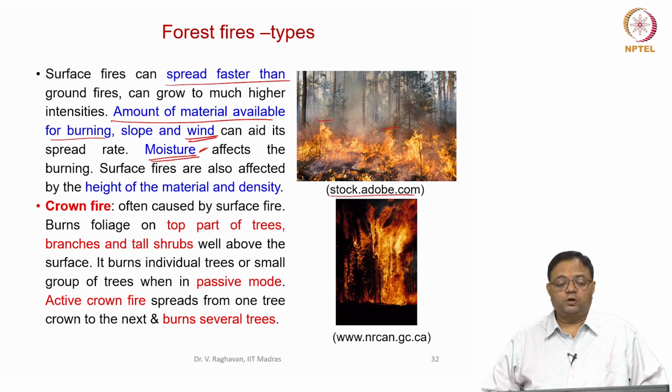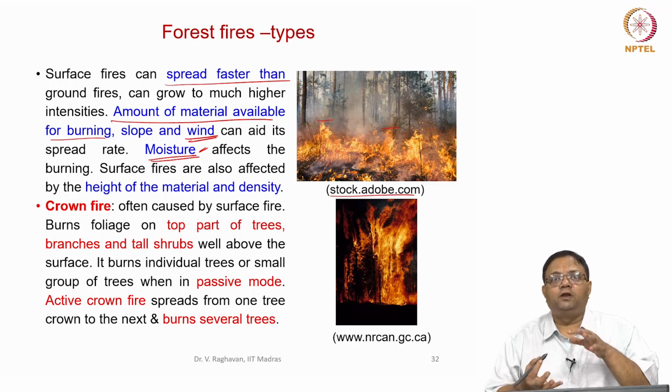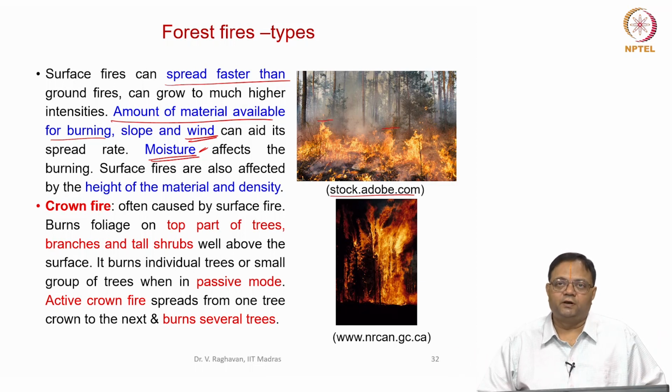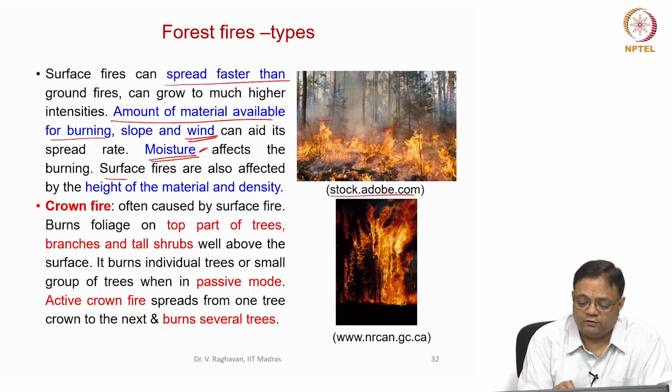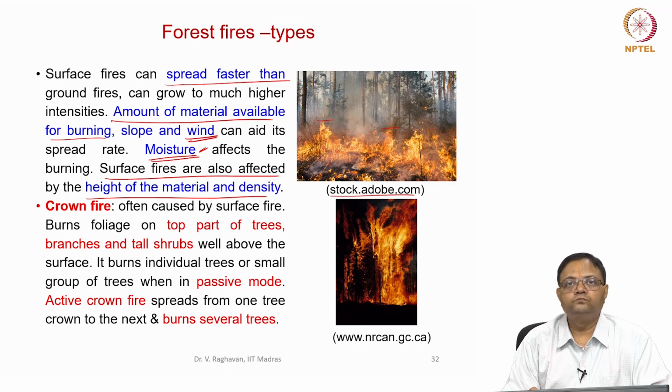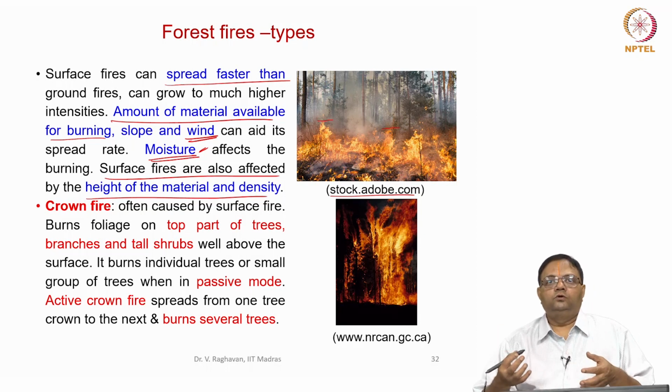Okay. So the surface fires are basically due to the fallen leaves, loosely packed combustible material, vegetation. So the surface fires are also affected by the height of the material and the density. Obviously, how they are packed matters.